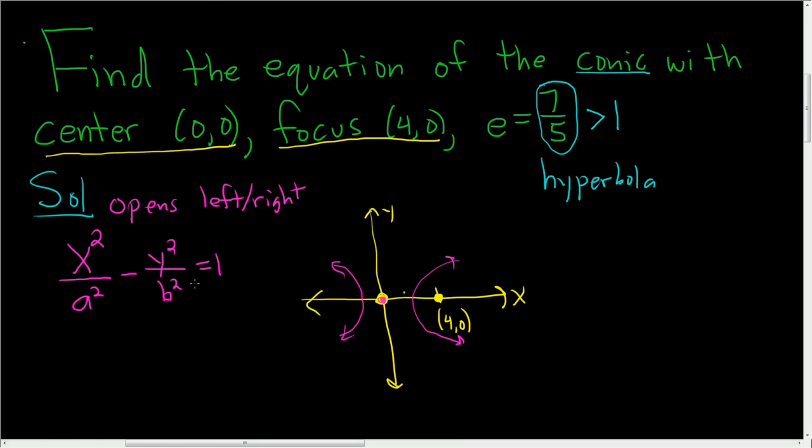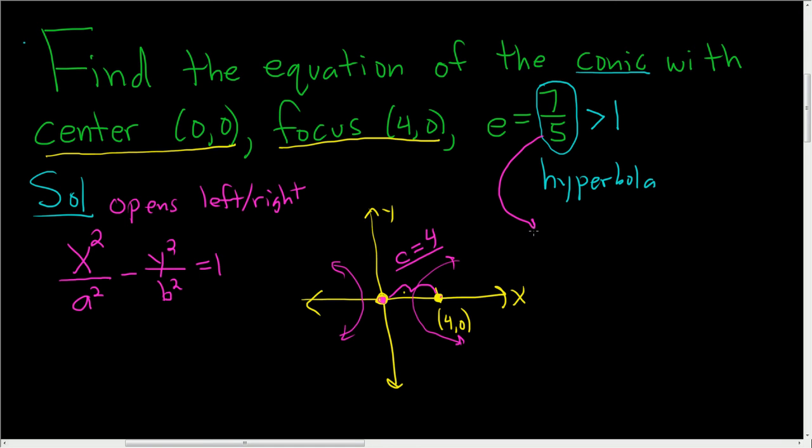If it had opened up and down, the y would come first. All right, now we just need to find a and b. We've already got a variable. This distance here is always c. So the distance from the center to one of the foci in a hyperbola is always c.